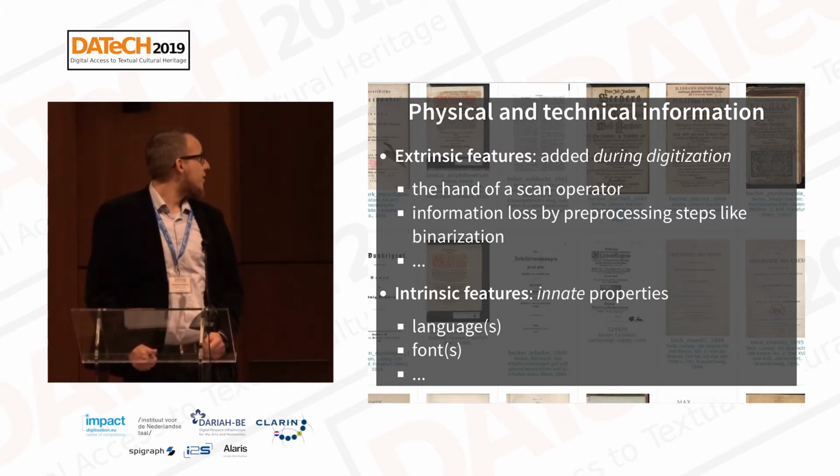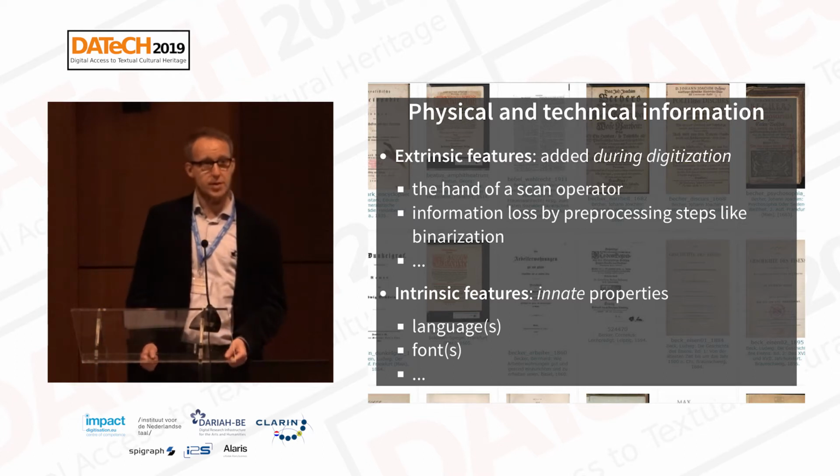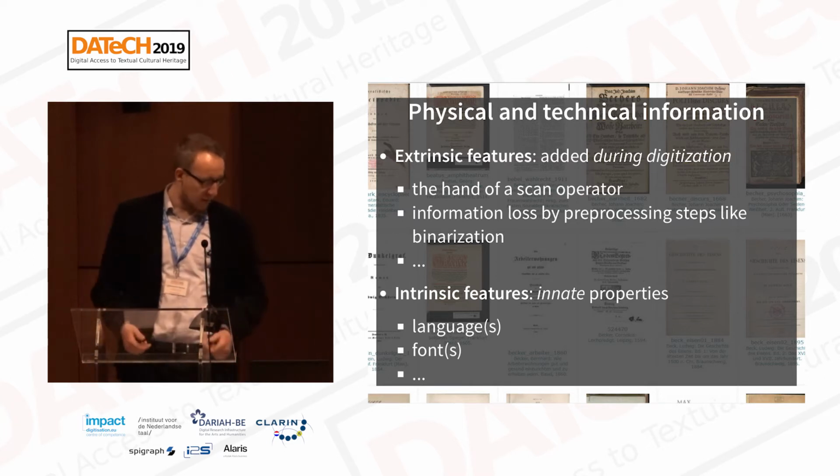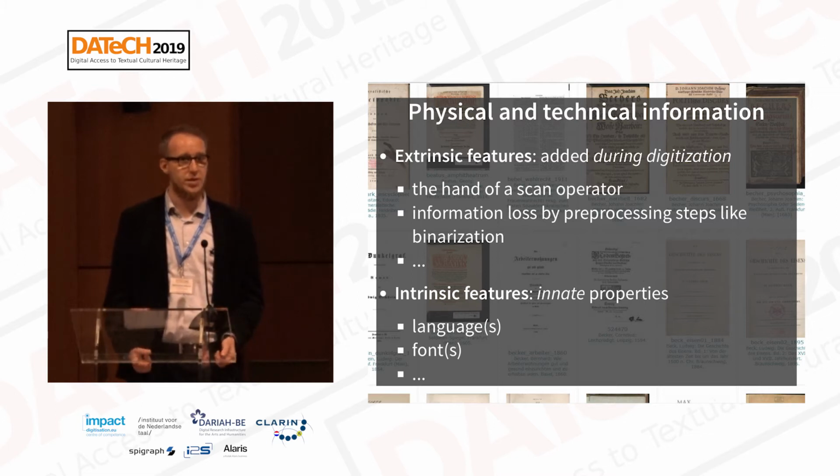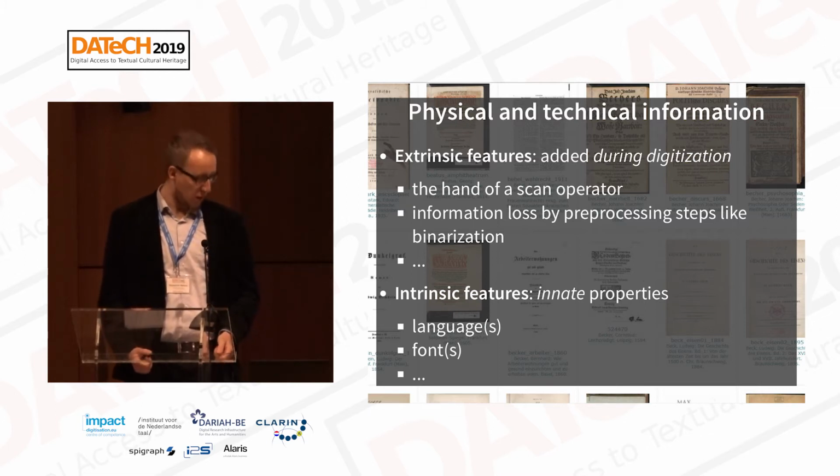And there are intrinsic features that are innate to the document, like the language, the script, or the scripts it uses, especially if it's multi-language, multi-script, multi-font. That's all important and interesting for users of that ground truth that want to train on it or evaluate on it.